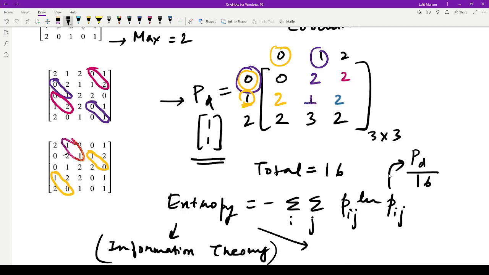I guess I'll just check it up, but just try placing the same values out here for all the elements in the matrix, and then try computing this. Of course, they should sum to 16. Just make sure that they sum to 16, and then take these values and see how the entropy varies.